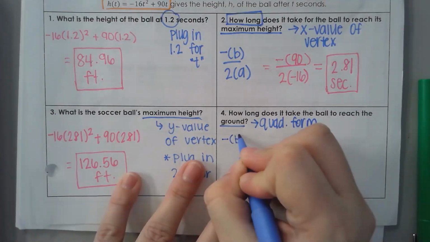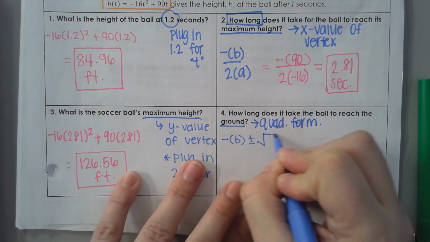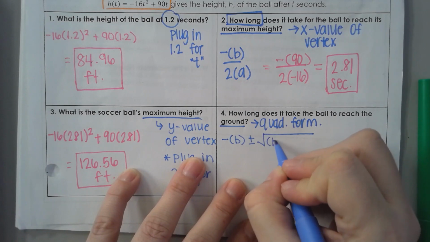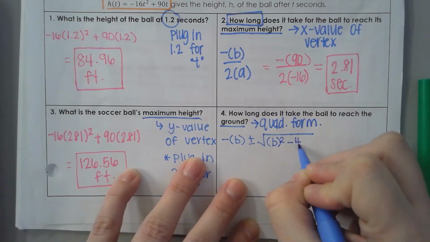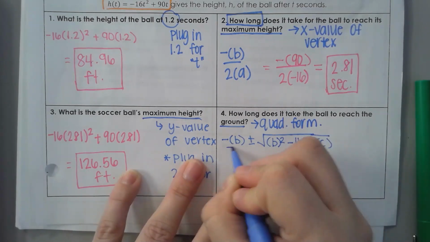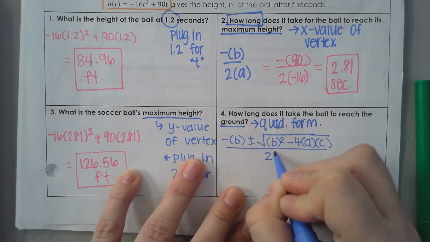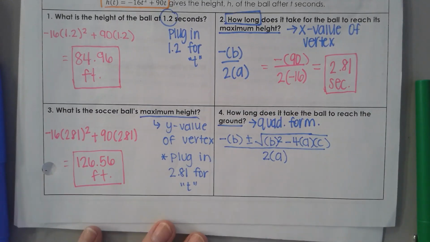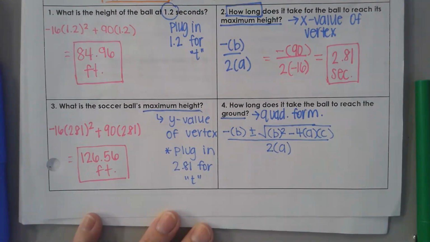Negative b plus or minus the square root of b squared minus 4ac, all over 2a. That's the quadratic formula. We've spent some time on that.